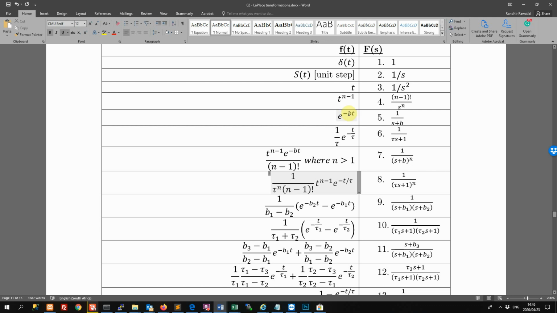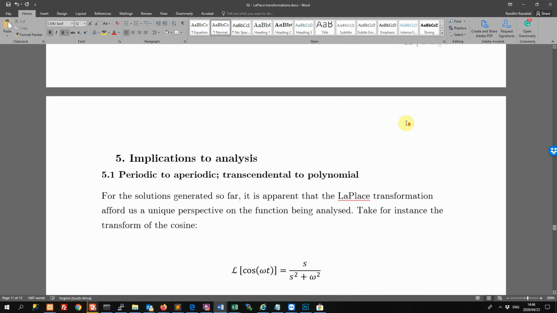Our time domain functions' time constants show up as poles in the S domain. And that's a tremendously useful property which we'll exploit again and again in developing controllers. So once more, the time constant in the time domain shows up as a pole in the S domain. It shows up as a value which causes the function to go to infinity.